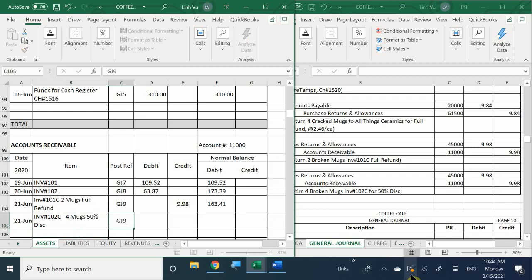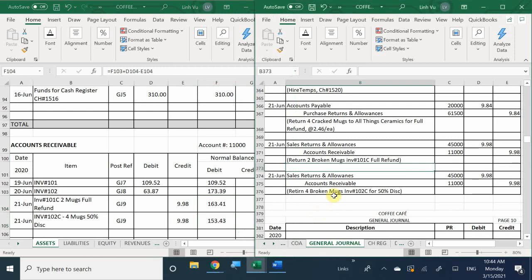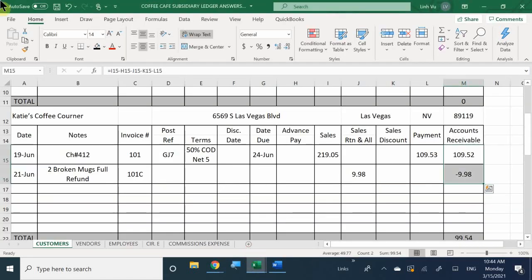General journal number 9. And we're refunding for the $9.98. So therefore, what is my ending balance? 153.6. Good. Right. Lastly, what's next? Subsidiary ledger. Okay.